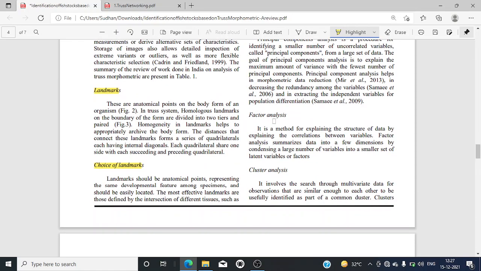As we discussed about the landmarks, you need to know what type of specimen you're going to analyze, either fish or crustacean. Then you need to fix the landmarks, so that the distance between the landmarks could be given by the software, and it depends upon your study and your sample.